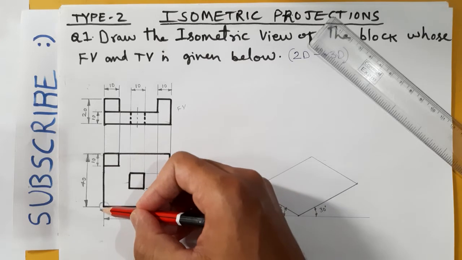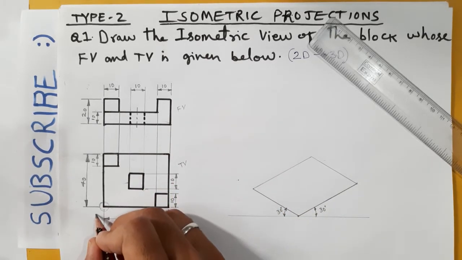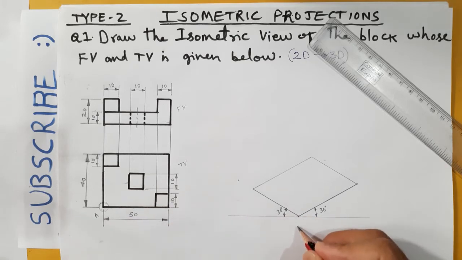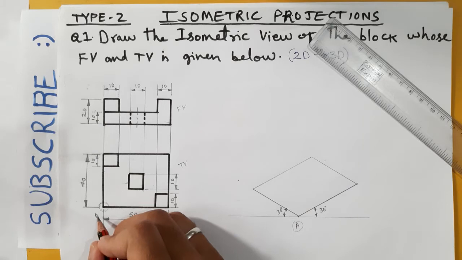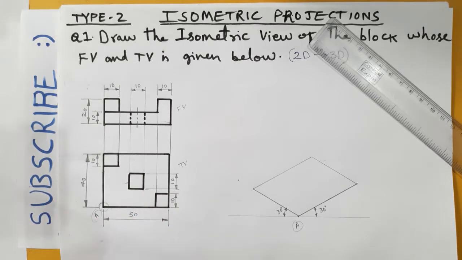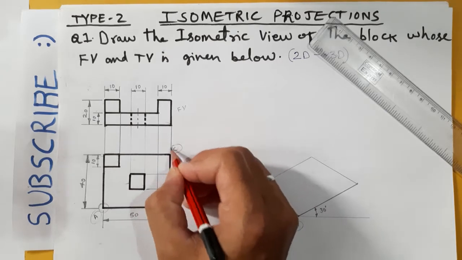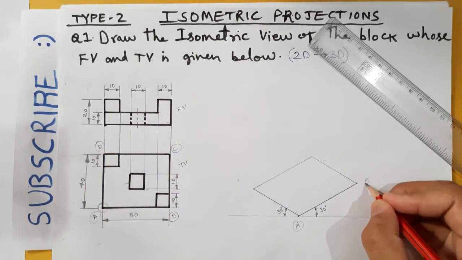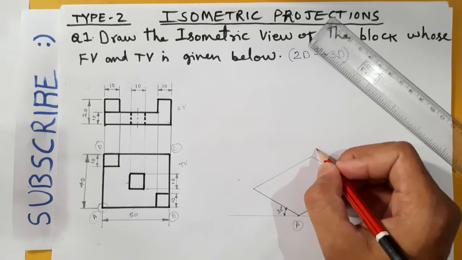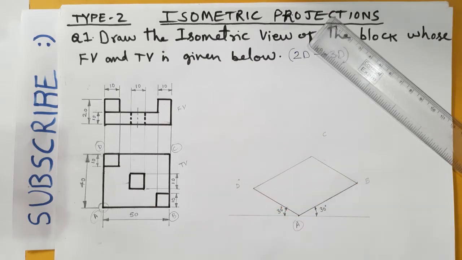Here you can see this has been taken over here. Assume this is point A. No need to write, just for reference I am keeping. Assume this is B, this is C, and this is point D. So here you have A, B, here C I will write a little away, and here is the D point.